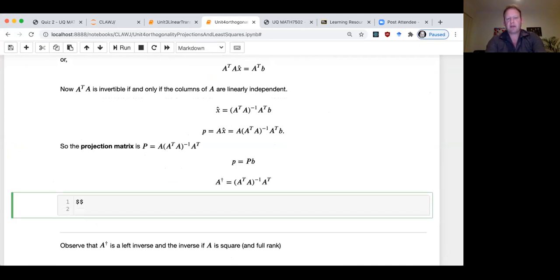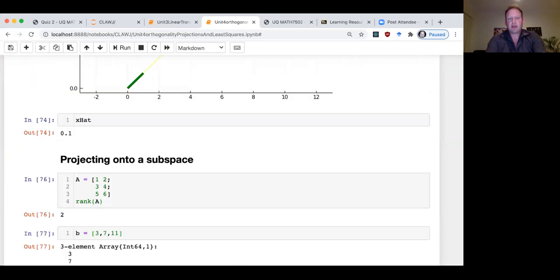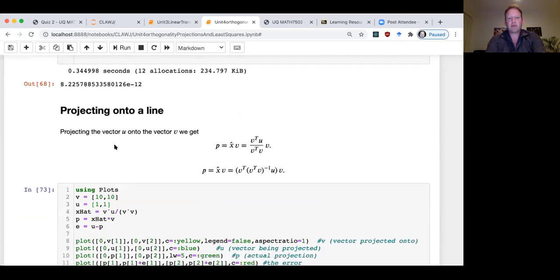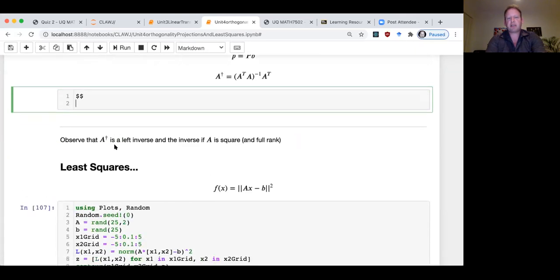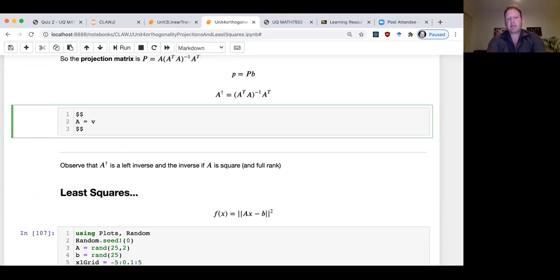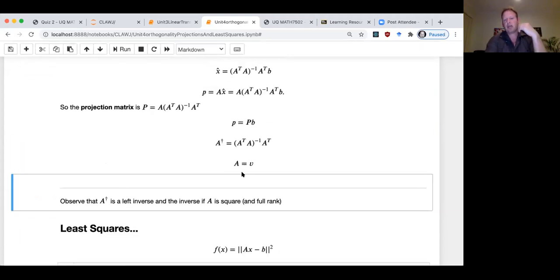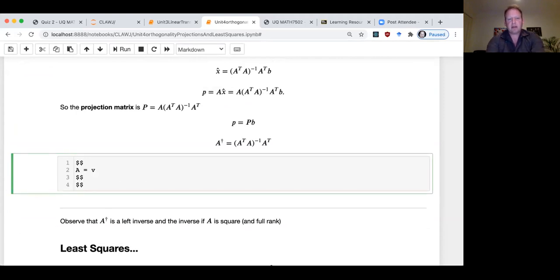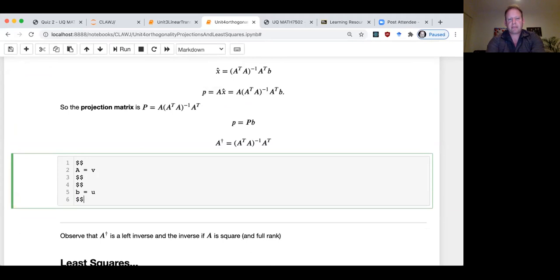Again, we said we projected the vector U onto the vector V. What do we mean by that? We mean that A is simply the vector V, right? So the matrix A is just a single column. And we meant that B, which we had here, was a vector U.